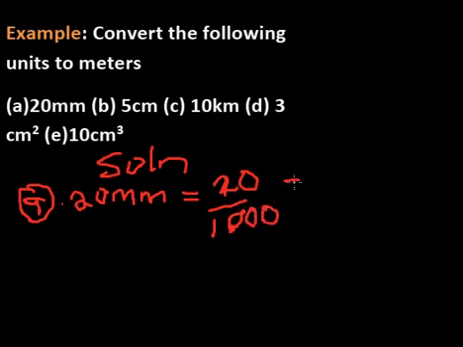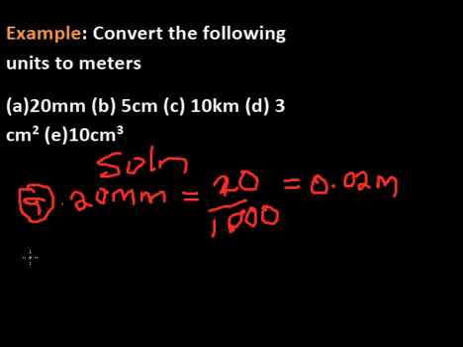If we cancel, that's 2 divided by 100, that will give 0.02. So 20 millimeter is 0.02 meter when you convert it.